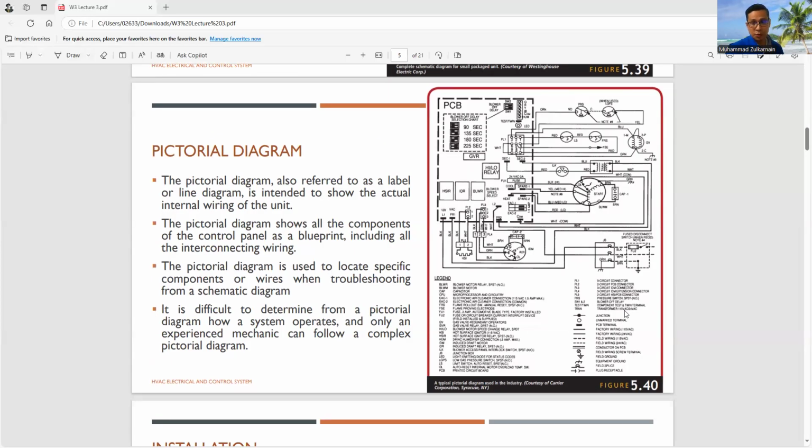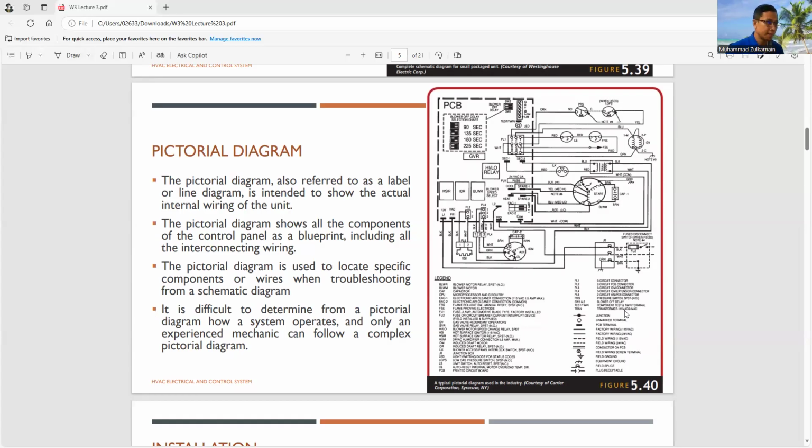So if you want to do revision or maintenance in the HASBEC system, you need to understand the pictorial diagram, because it shows the actual wiring system.